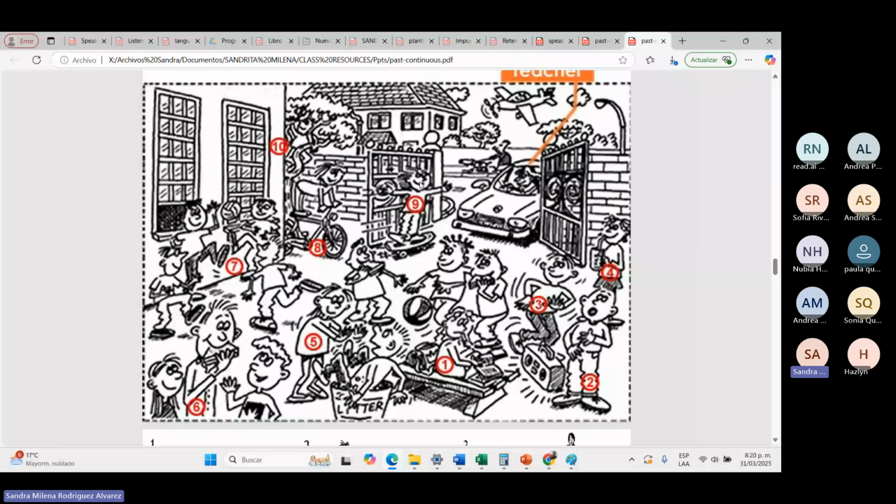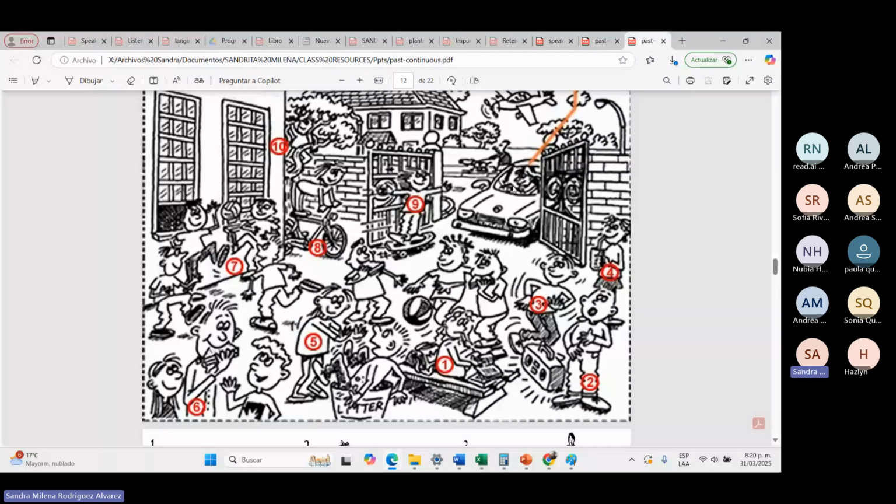She was skating. And the last one, what was this guy doing? In number 10. He was climbing a tree. And this is the poor teacher. Yes.